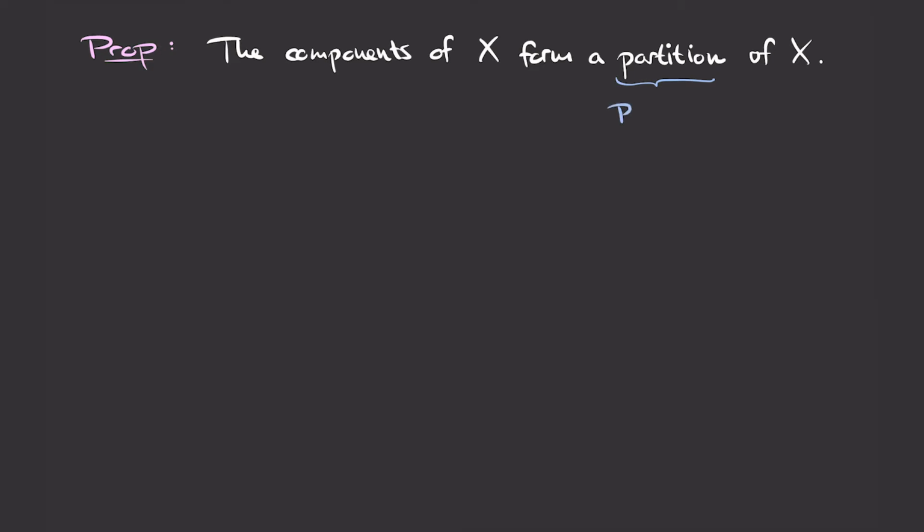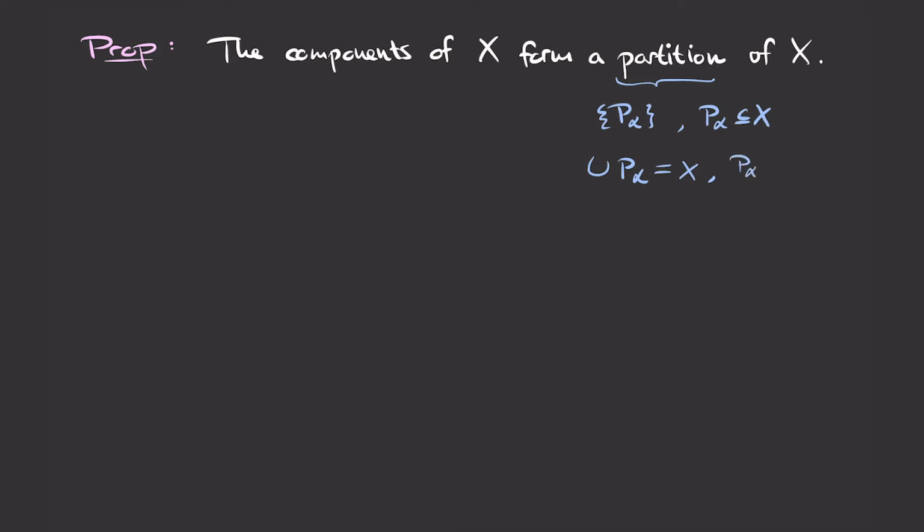So let's call this family P alpha. This is a family of sets P alpha, where each of the sets P alpha is a subset of the space X. Moreover, they should cover the space, so the union of these P alphas is supposed to be X. And finally, all of the P alphas are supposed to be disjoint from one another.